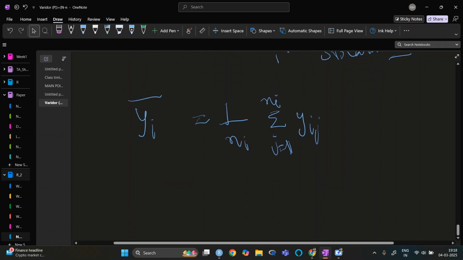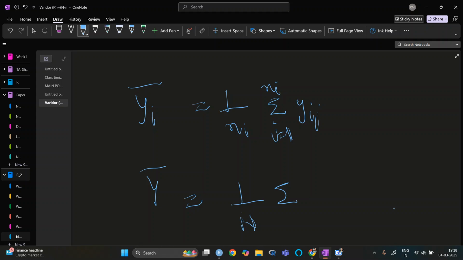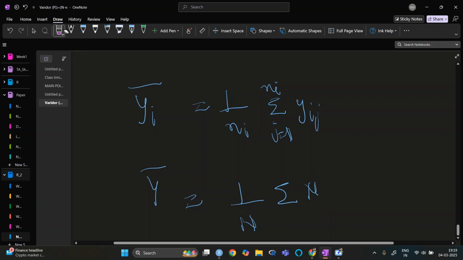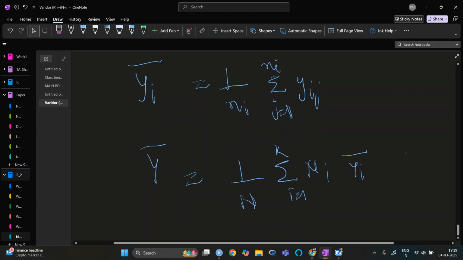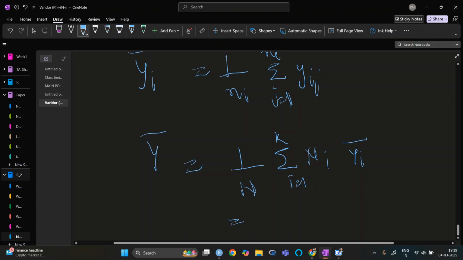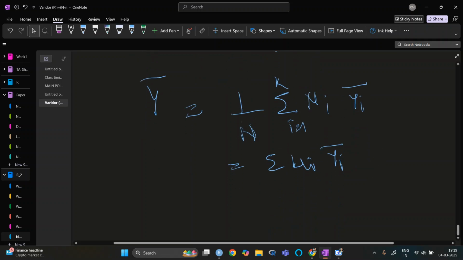So this is the sample mean of the ith stratum, and the capital Y bar is 1 upon N times the summation over i equal to 1 to k of N_i y_i bar, that is, the summation of W_i y_i bar, where W_i is N_i upon N.